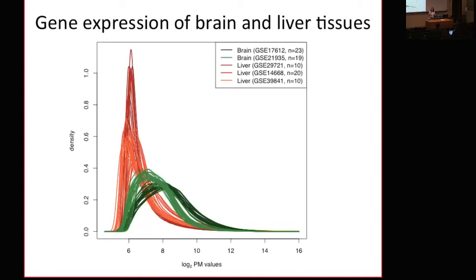Does that make sense? So if you just imagine some large percentage of 20,000 genes is differentially expressed between brain and liver, say all of the genes in the liver tissue are just turned off and all the genes in the brain tissues are turned on for some reason, a large number of them, that could cause the shift that you see between the red and the green.